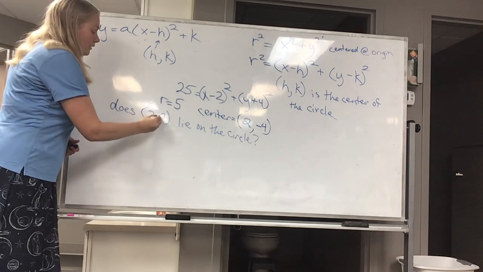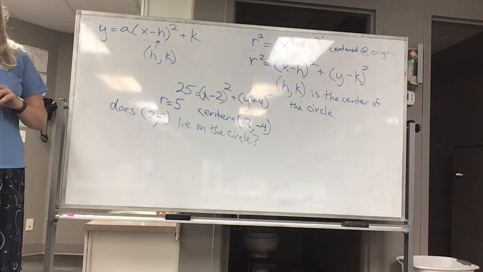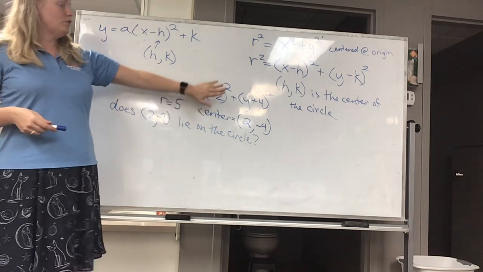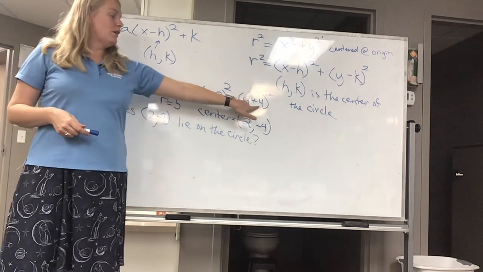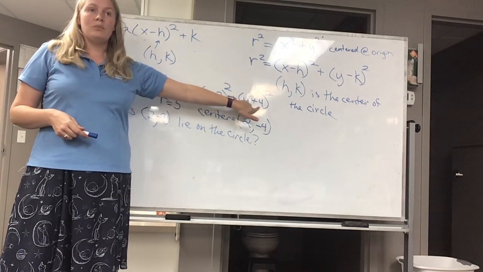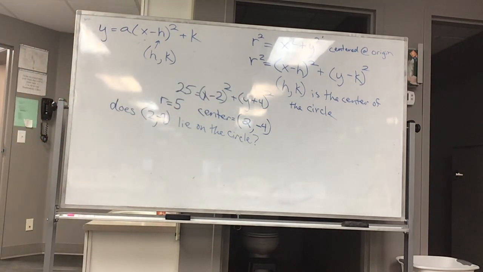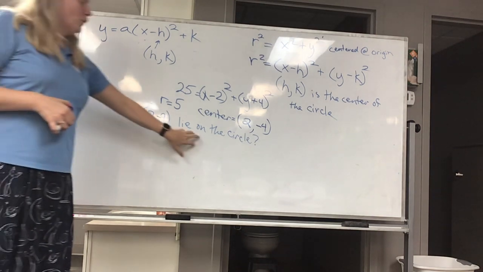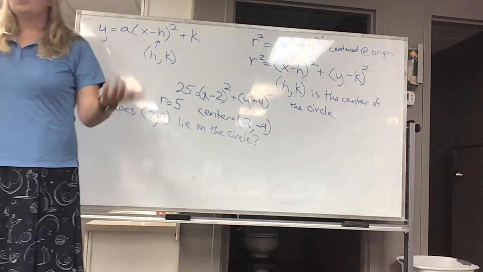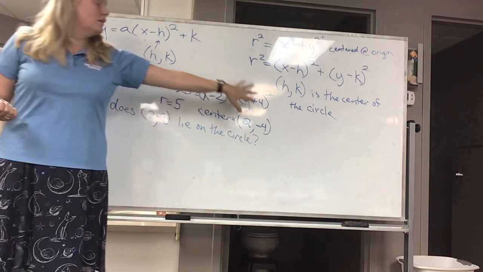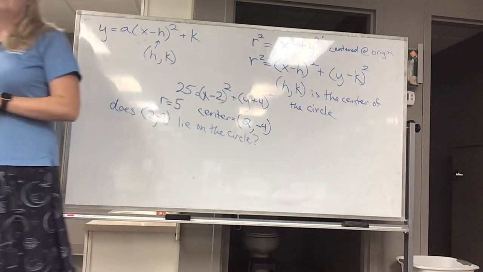If it had been (2, negative 9), 2 minus 2 is 0. Negative 9 plus 4 would be negative 5. Negative 5 squared is 25. And that one would be true. And so understanding lie on the circle, just know that it's what makes this equation true.